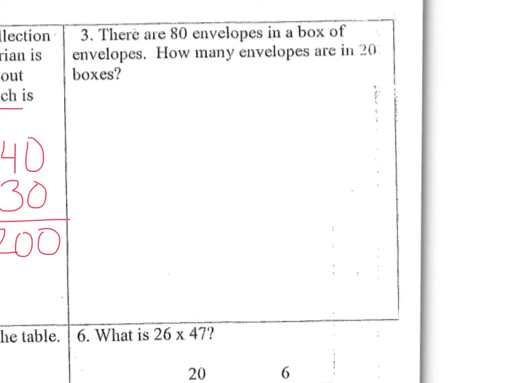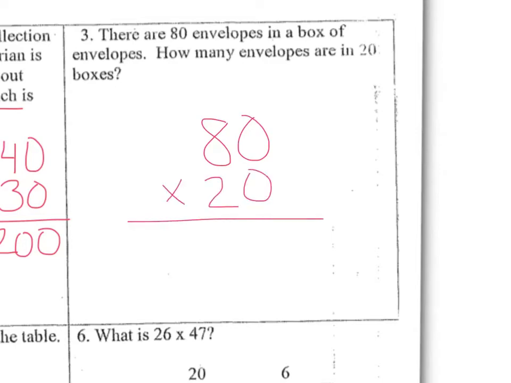Alright, so number 3, go ahead and pause the video to read the question. Alright, now that you've read the question, we need to do 80, because there's 80 envelopes in a box, and we're looking for 20 boxes. 8 times 2 is 16, and then we need to tack on our 2 zeros for our shortcut.